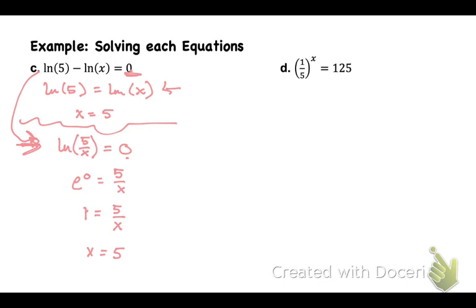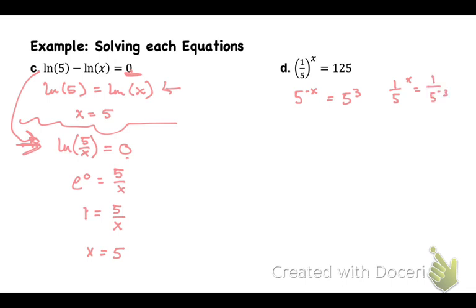Say that again. You put the negative. So did you go 5 to the negative x equal 5 to the third? No? Okay, tell me what you did. I'll go with 1 over 5 to the negative third.